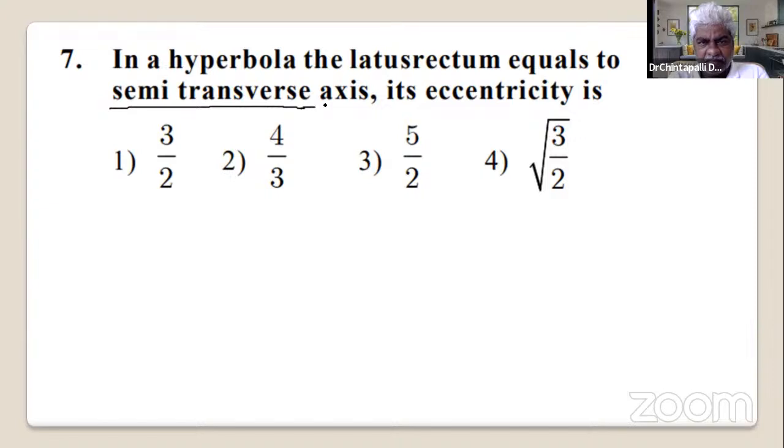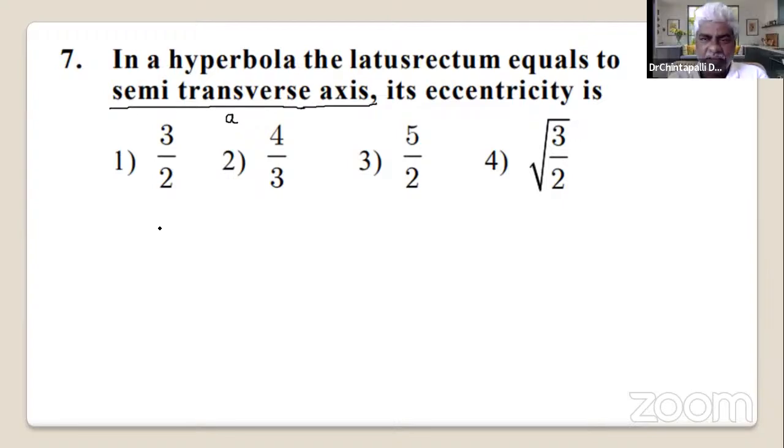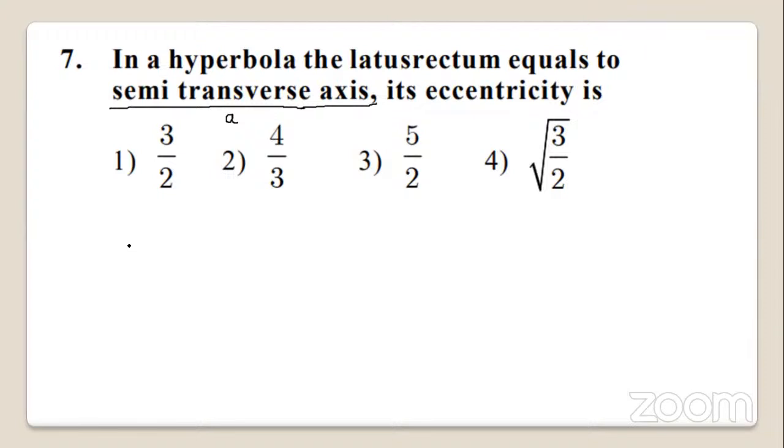Then everything is the same. Length of latus rectum. In a parabola, it is 4a. In an ellipse, 2b square by a equals a.